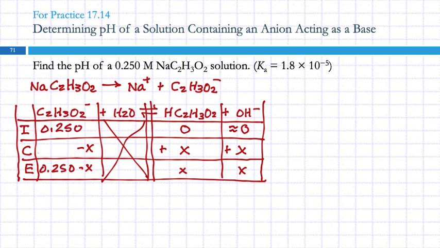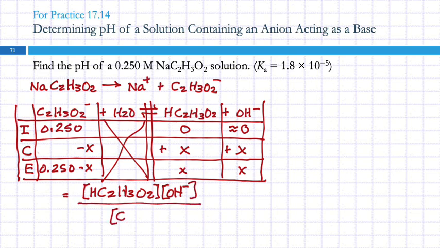And so we can look at this: HC2H3O2 times hydroxide ion concentration divided by C2H3O2 minus.